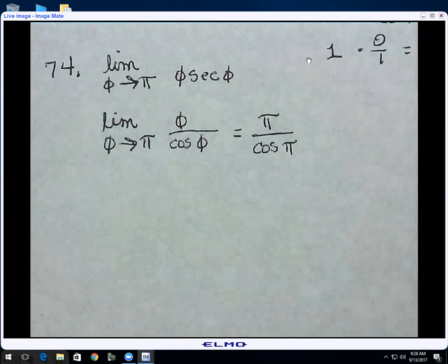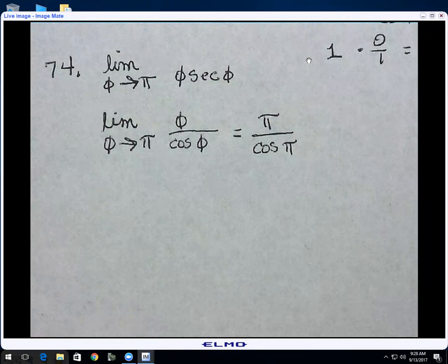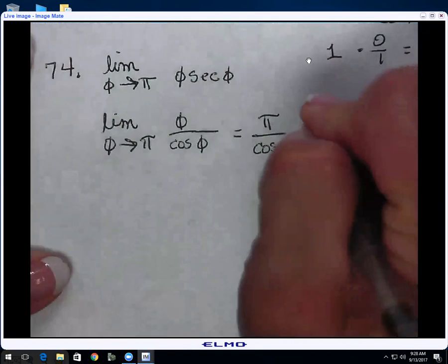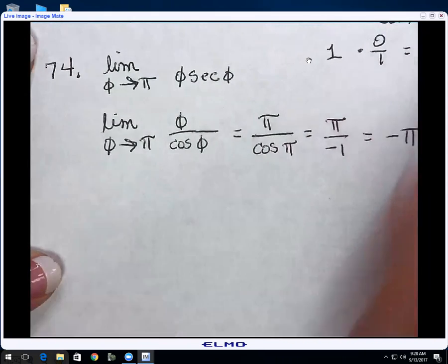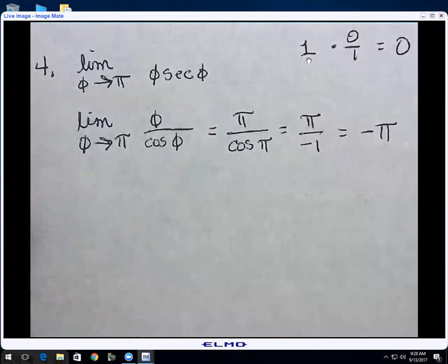And what's cosine pi? Pi is 180 degrees, cosine is x, x is -1. This is pi over -1, which is negative pi. That's just fun. The limit as phi approaches pi of phi secant phi is negative pi.